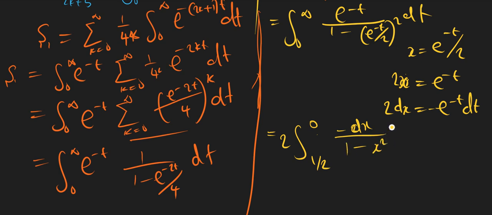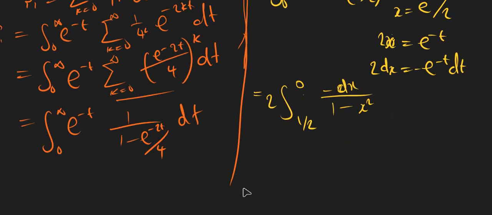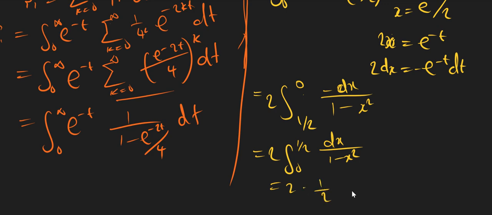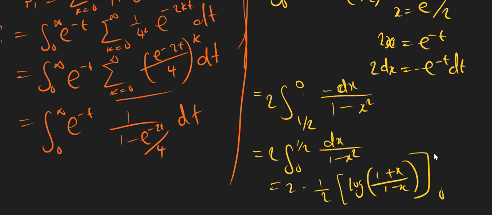So you can switch, and this is twice the integral from 0 to half of dx over 1 minus x squared. And this integral is well known. This is twice of half of the logarithm of 1 plus x divided by 1 minus x, and we evaluate it from 0 to half.